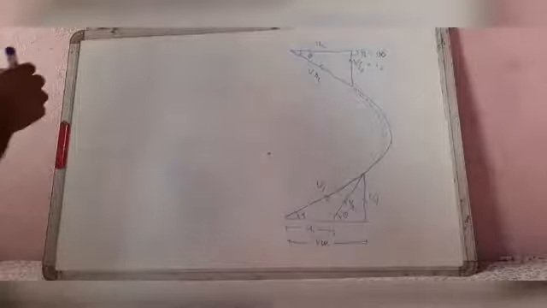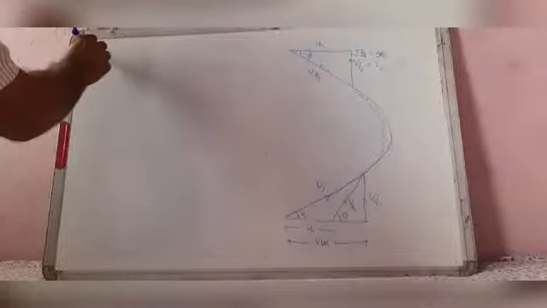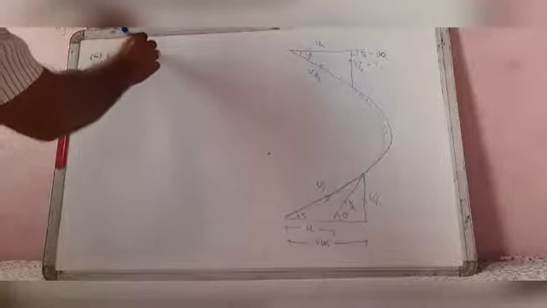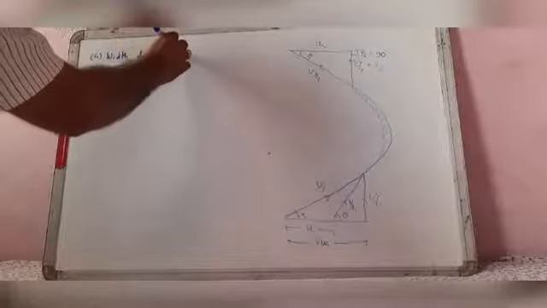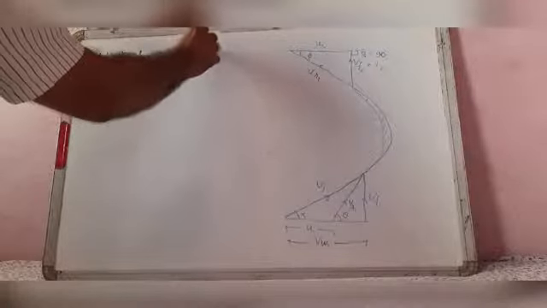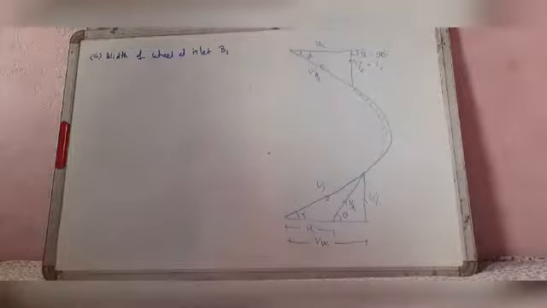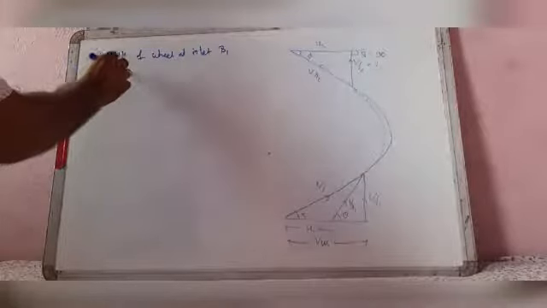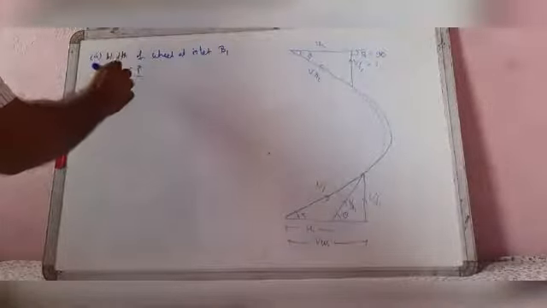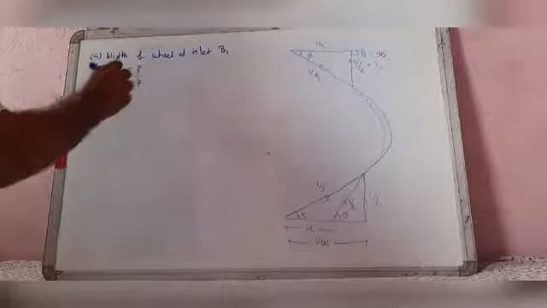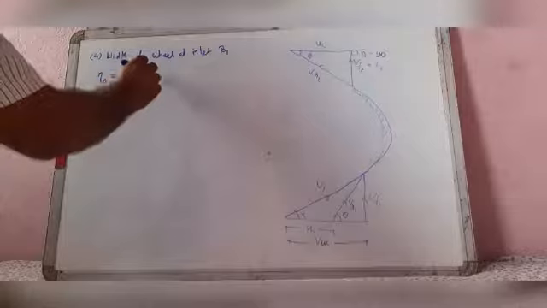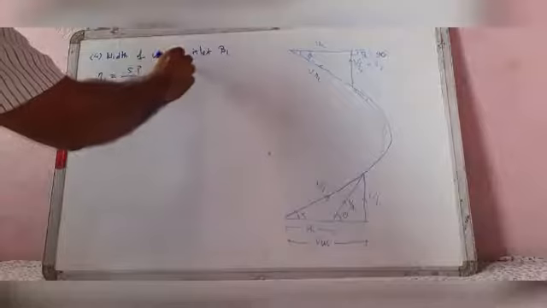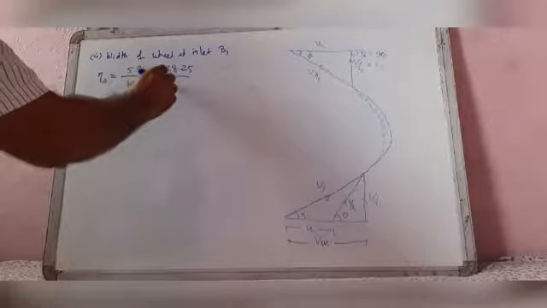Now the width of wheel at inlet, B1, we have to calculate. So eta overall equal to shaft power by water power, equal to 148.25 by water power.